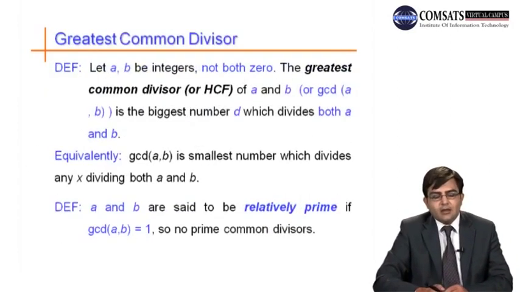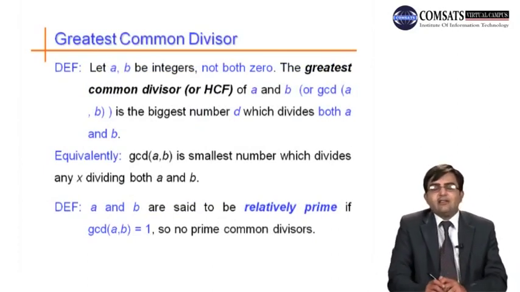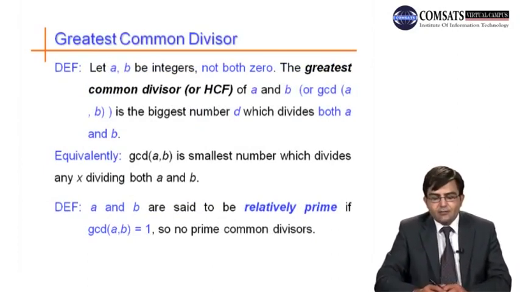Now, what is the greatest common divisor? You have studied in early classes, 7th and 8th, that the greatest common divisor is a number which divides both a and b, but this number must be the biggest which divides both a and b.